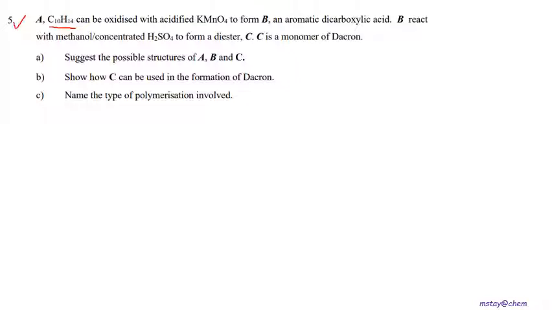C10H14 oxidizes with acidified KMnO4 to form B, aromatic dicarboxylic acid, and then reacts with methanol to form ester. So from here, I think the keyword to start will be the structure B, aromatic dicarboxylic acid.